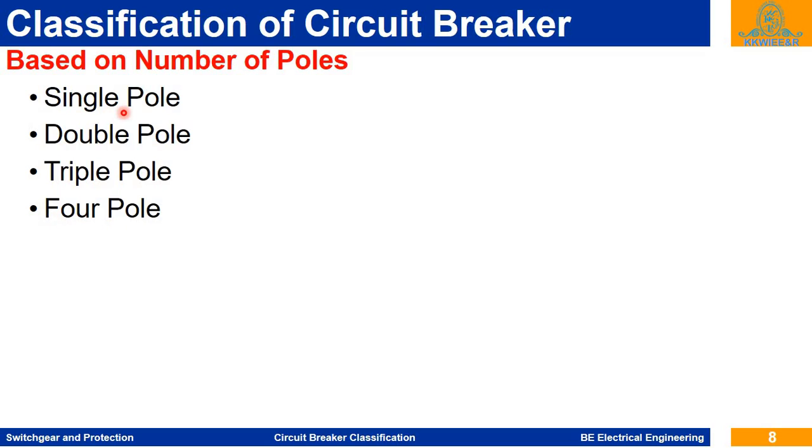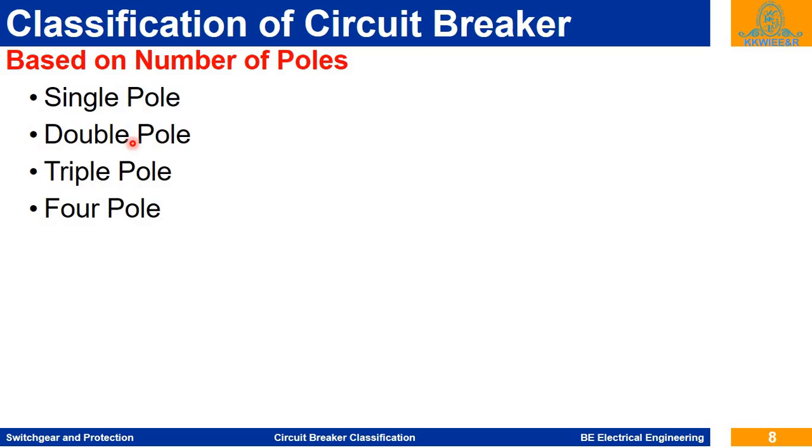At domestic or commercial level, we are using single pole MCBs in single phase supply system to isolate the phase and neutral. Double pole MCB, they are used. So depending on the number of poles, again in the electric locomotive, single pole circuit breaker, they are used at the rooftop of the locomotive.